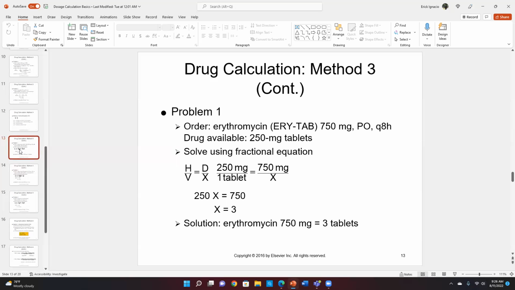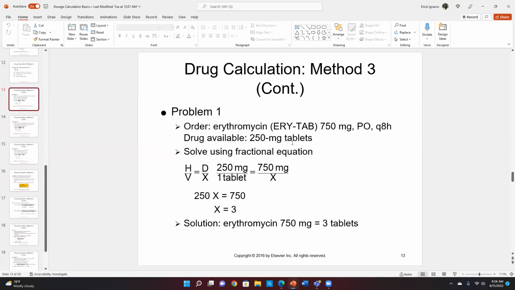All right. So when we look at this problem, we will fill in the blanks of this ratio and proportion. The H is what's on hand, which is 250 milligrams. And then the vehicle in which it comes is 1 tablet, because that is how the medication actually comes. On the other side of the equal sign is what we desire and what we don't know, right?